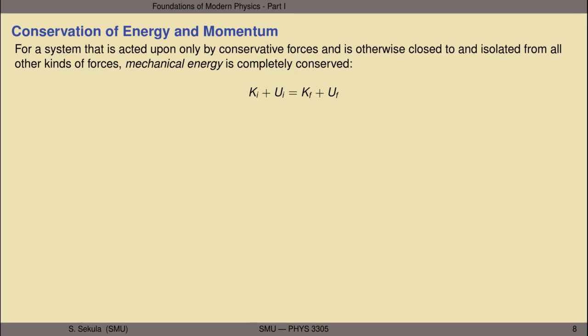So for instance, there might be some initial moment of time where there's a total kinetic energy Ki and a total potential energy Ui. And if the system obeys the constraints I've listed above, then I can look at any other time, say some time final later, denoted with an F, and I can see that although kinetic and potential energies may have morphed one into the other, the sum of these two things across all objects in the system is the same sum as I had at the earlier time.